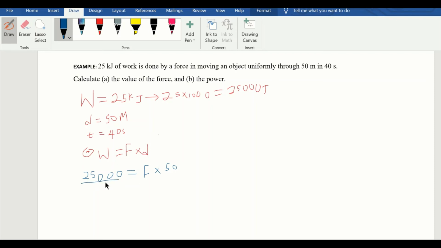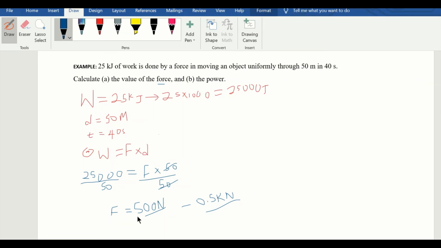So 50 cancels 50, and my force is equal to 25,000 divided by 50, which will give me 500 newtons. Now, if you use 25 kilojoules, your answer should be 0.5 kilonewton.